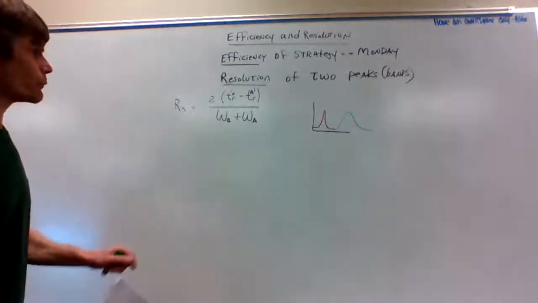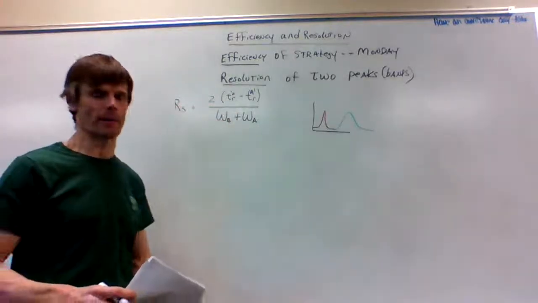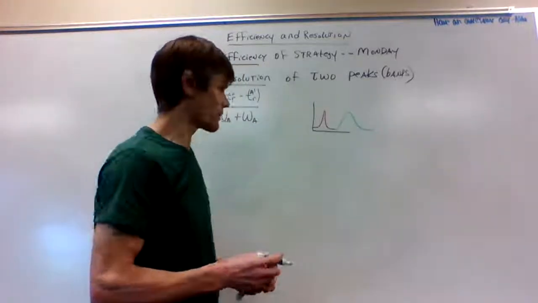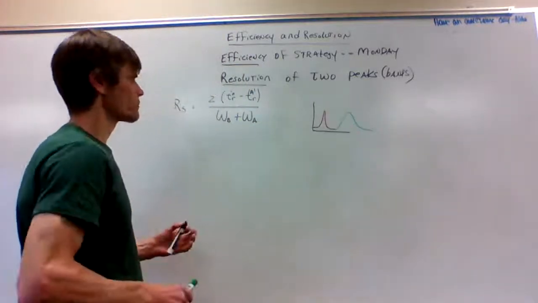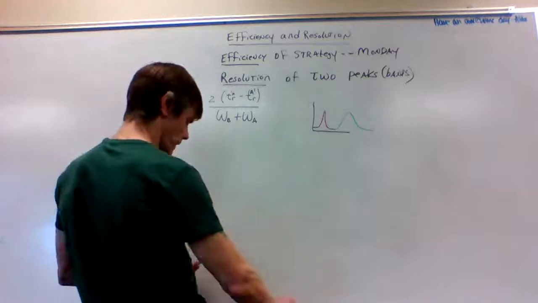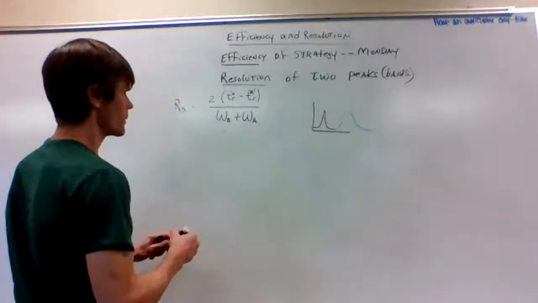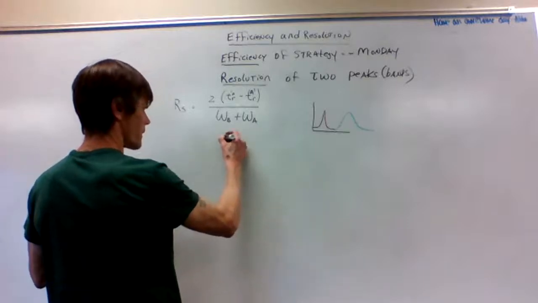And we've discussed retention time. Let's understand what we mean by baseline width. So in this case, baseline width for this component, well, I'll draw it bigger just so we know. Baseline width.